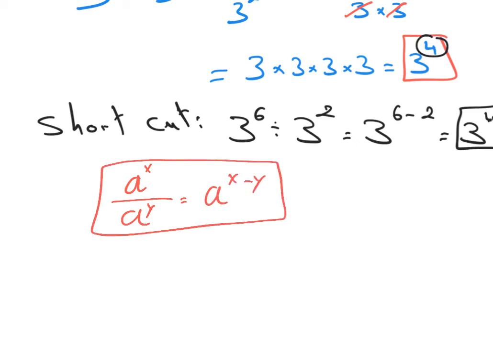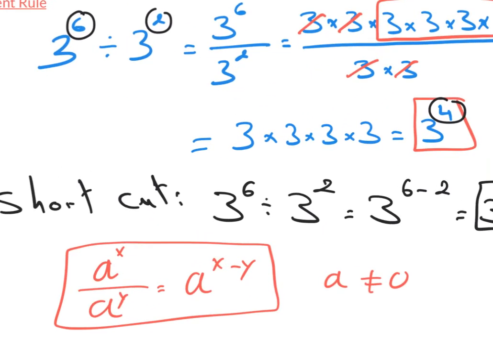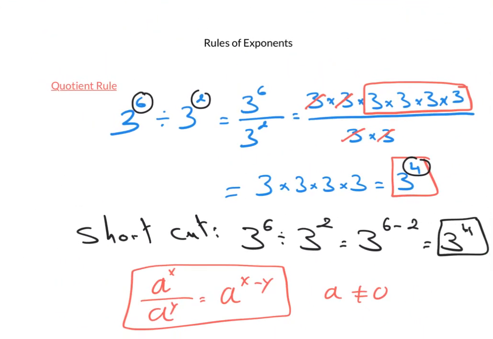And of course, a has to be different than 0. So we don't have to use the long way, multiplying 6 times and dividing by 3 twice. We can just use the rule.